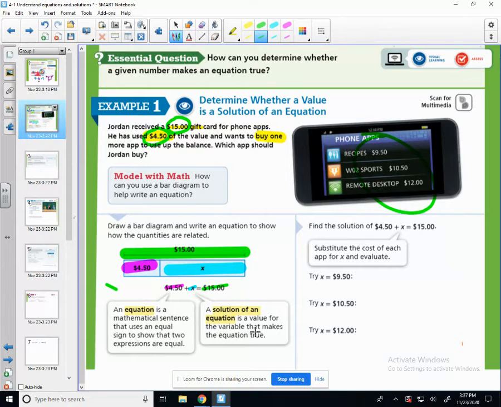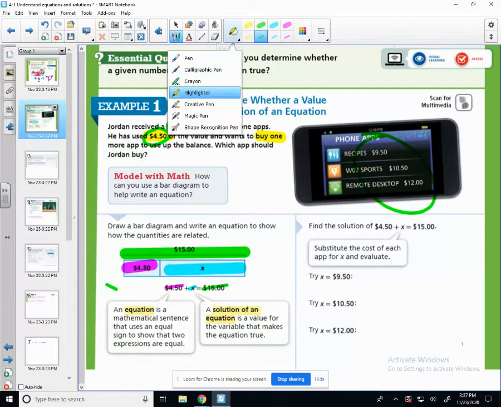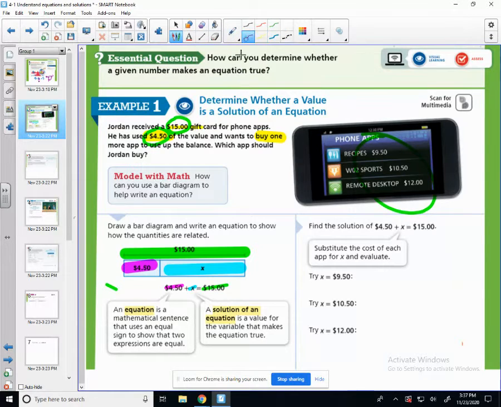The solution of the equation is a value for the variable that makes the equation true. So what we're going to do here is find out what x is. Which one of these would fit in this equation to make it true? So we're going to plug them all in. It's called trial and error.